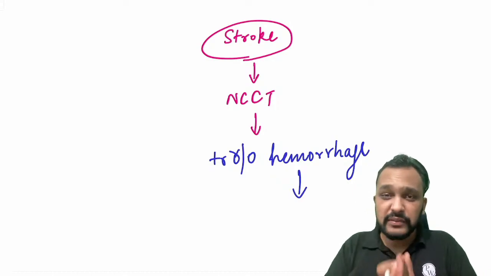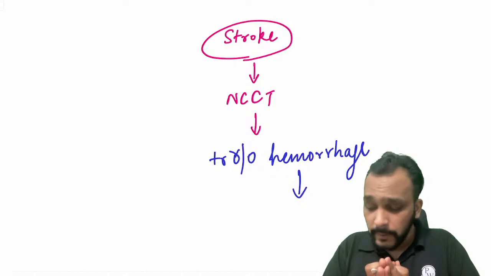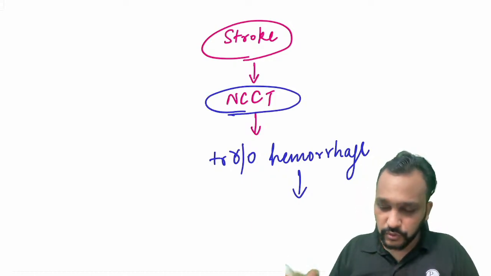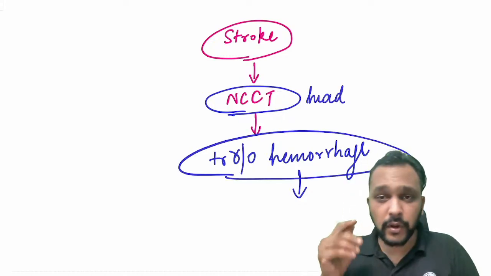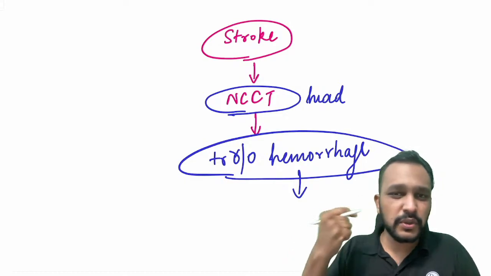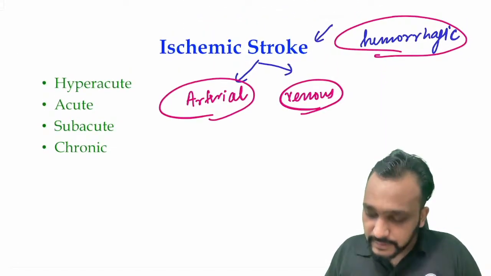So before going for these thrombolytic drugs, we have to rule out that there is no hemorrhage present within the brain. So for that condition, we are going to go for NCCT head. So the important indication for doing NCCT head in patients of stroke is to rule out any hemorrhage, any intraparenchymal hemorrhage, right?